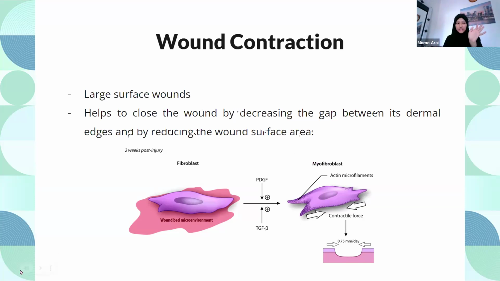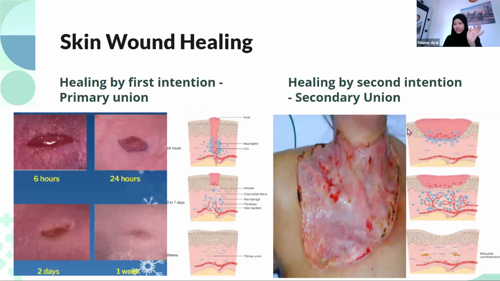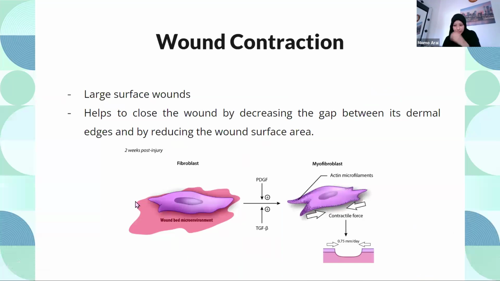So imagine all these fibroblasts, this scar tissue is here, and within it there are myofibroblasts that will act to close the wound from inside, okay? Does that make sense? That is wound contraction, to try to bring the edges of the wound together as much as possible. Is that clear?